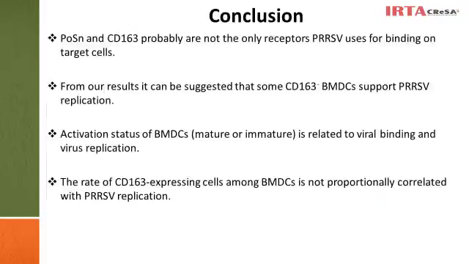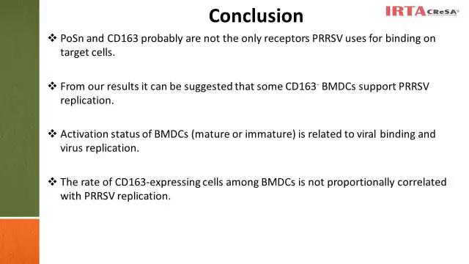Okay, from my study, we can draw the following conclusions. First, sialoadhesin and CD163 are probably not the only receptors PRRS virus uses for binding to target cells. Second, our results suggest that some CD163 negative bone marrow-derived dendritic cells support PRRS virus infection and replication.